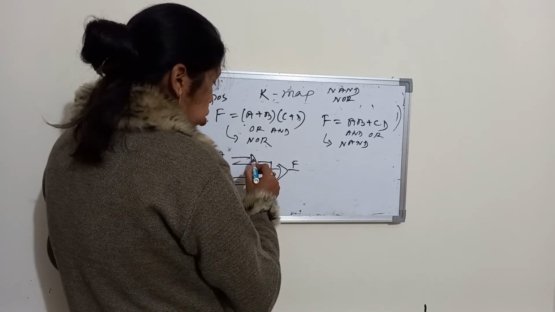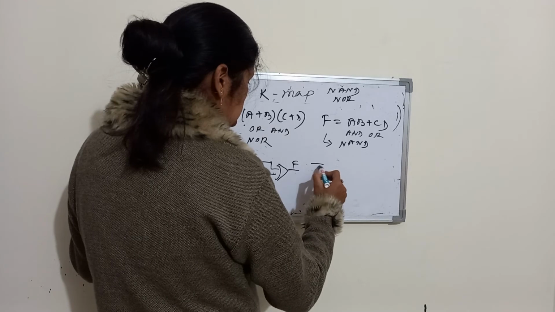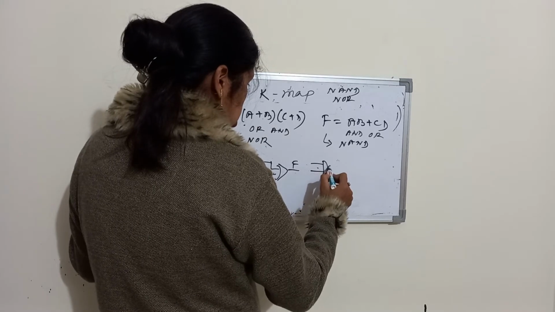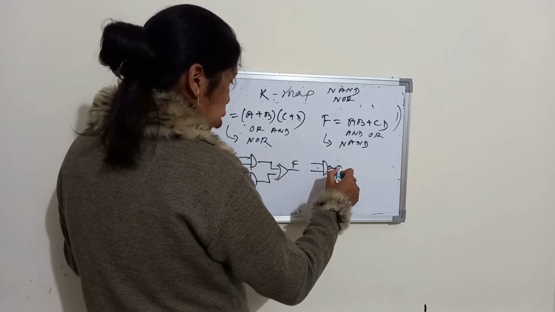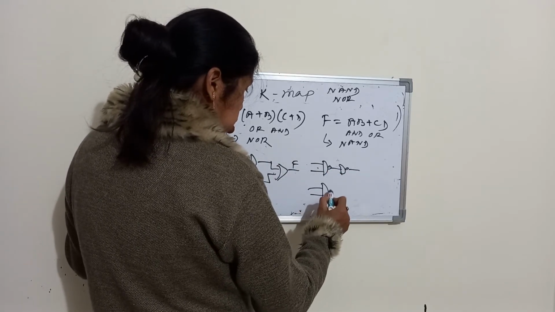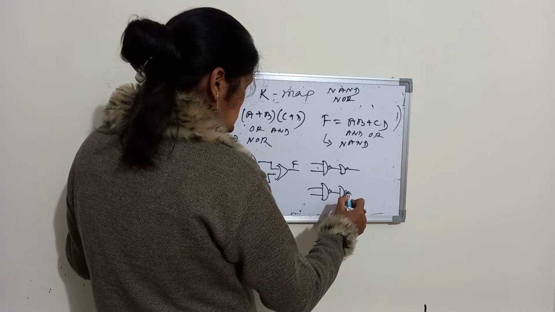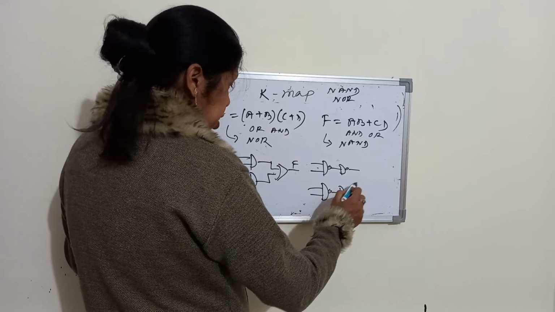Right. So here NAND gate means here. So I am replacing this AND gate with the NAND gate followed by one more NAND gate. Okay. Here also I am replacing this AND gate with one NAND gate followed by one NAND gate.